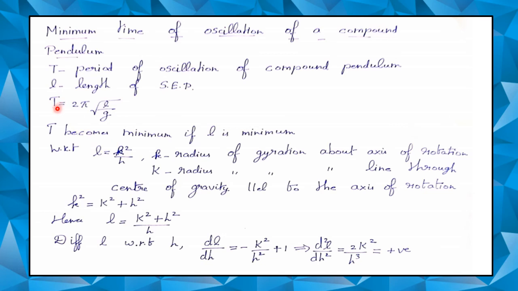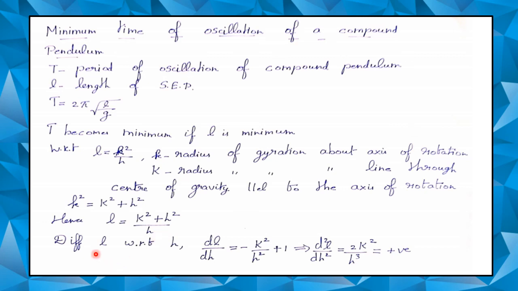Now T is minimum if L is minimum, and we know that L is equal to K square by h, where K is the radius of gyration about the axis of rotation and capital K is the radius of gyration about the line through the center of gravity parallel to the axis of rotation, and also small k square is equal to capital K square plus h square. Hence L is equal to capital K square plus h square by h.